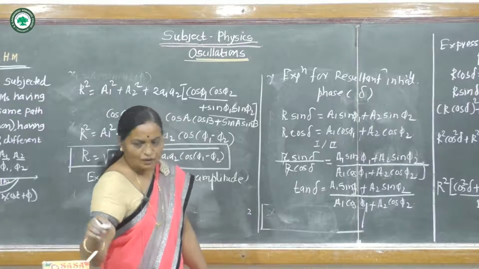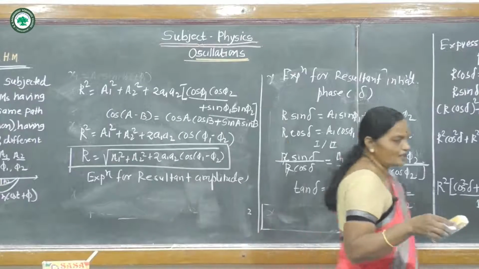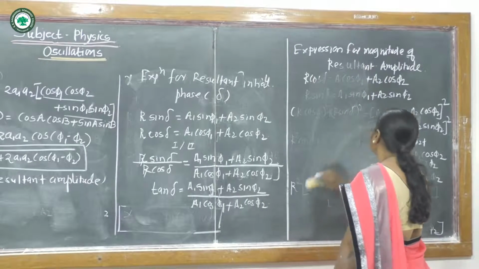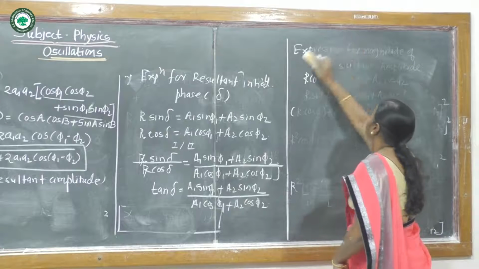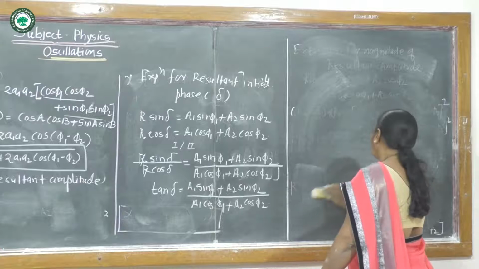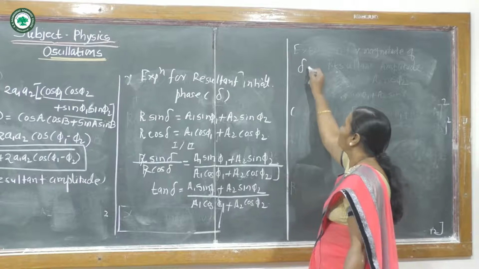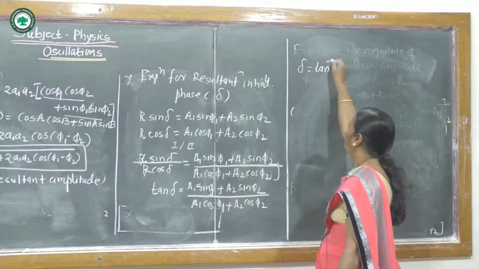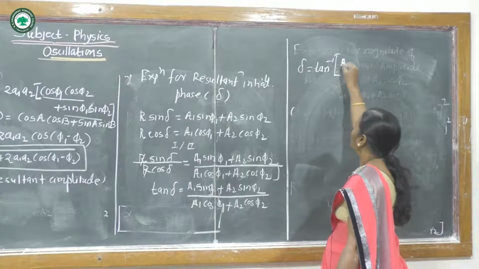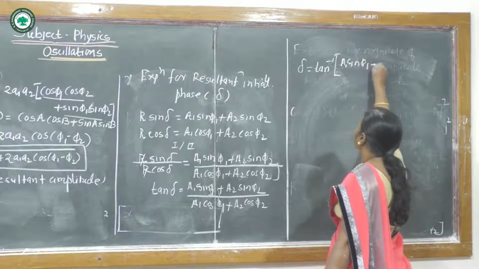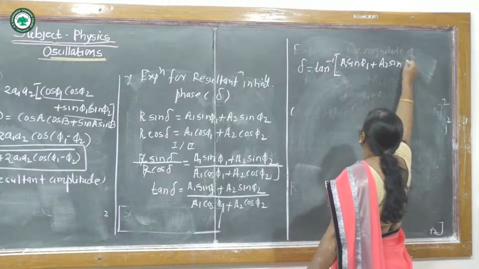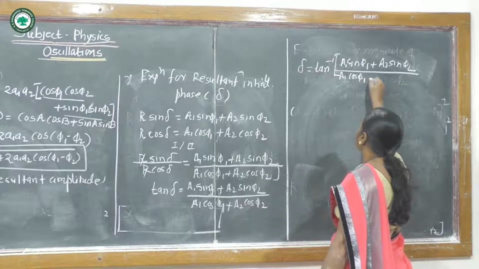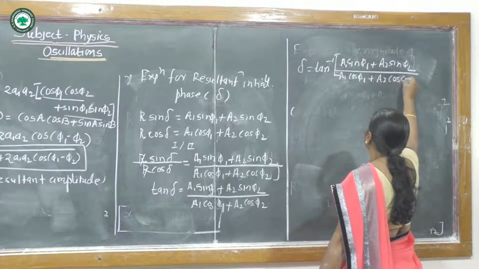Then we rearrange the equation, that is, delta is equal to tan inverse of A1 sin phi 1 plus A2 sin phi 2 divided by A1 cos phi 1 plus A2 cos phi 2.